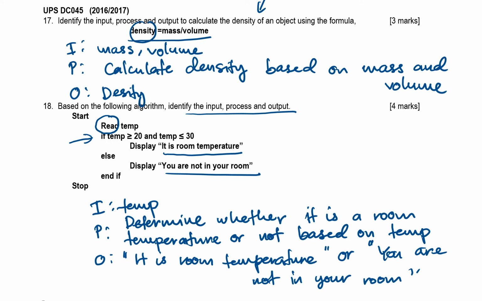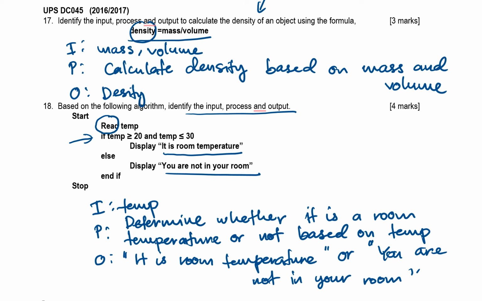Okay, actually if you want to write based on the condition, it is also okay, it's better lah. So let's say you write determine whether it is a room temperature or not based on temperature, with a range of 20 to 30, it is okay.